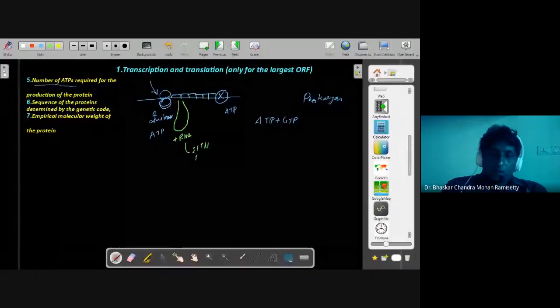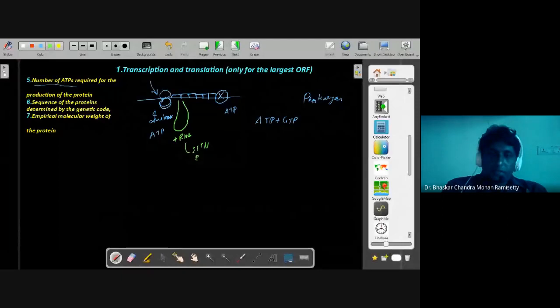In tRNA charging, you have EF-Tu and EF-Ts. Sorry, small e is for eukaryote. I think here it is EF-Tu and EF-Ts.